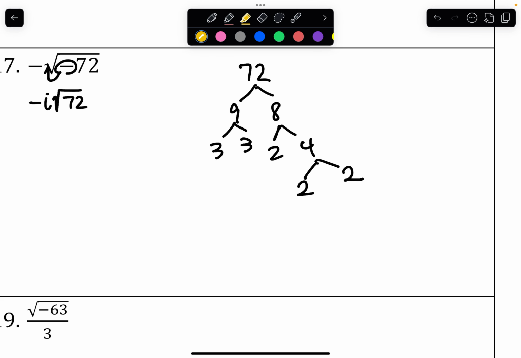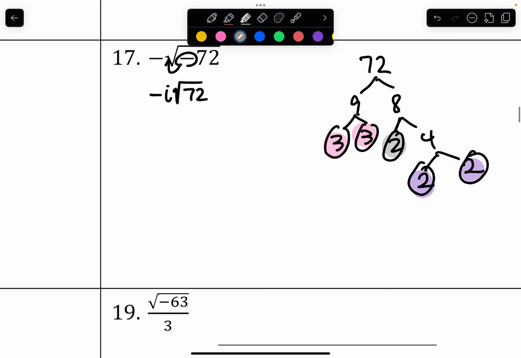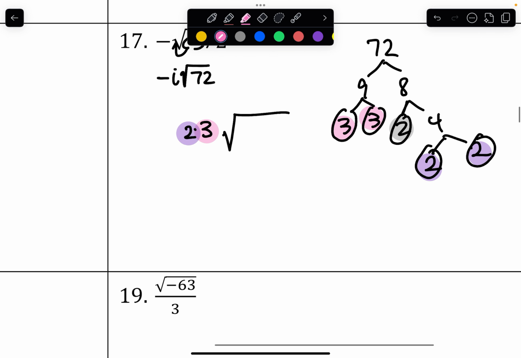So my primes are 3, 3, 2, 2, 2. I have a pair of 3s, I have a pair of 2s, and I have a lonely 2 left behind. And so that means I would have a 3 outside, a 2 outside, and then one 2 left behind.